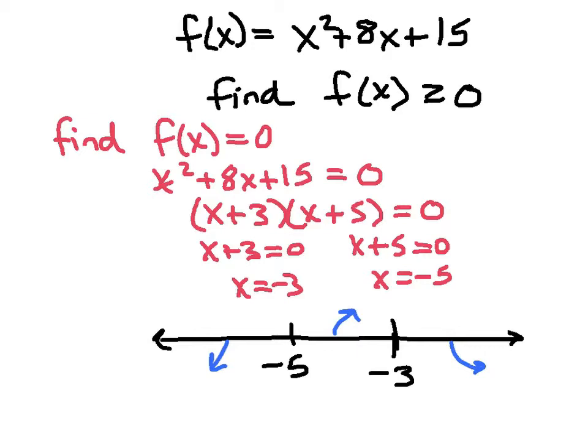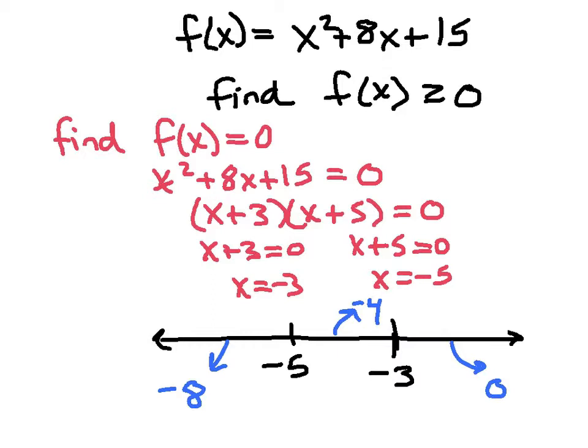What I decide to do, I'm going to do on the next page. I'm going to plug in, let's say, -8. In between -5 and -3, I'll plug in -4, and for something larger than -3, let's make it easy, let's plug in 0. On the next page, I'm going to plug in -8, -4, and 0.